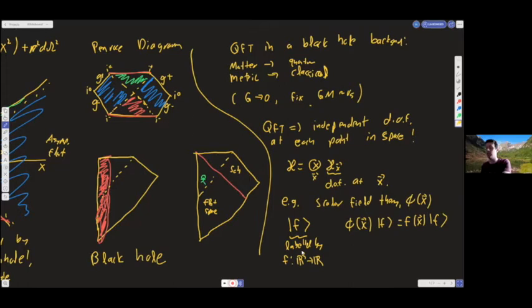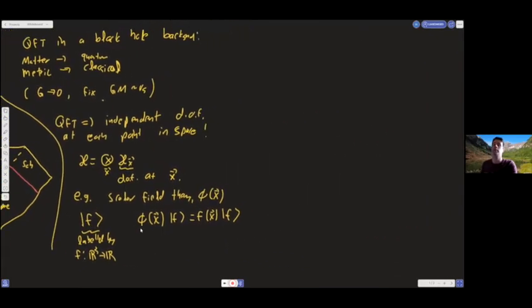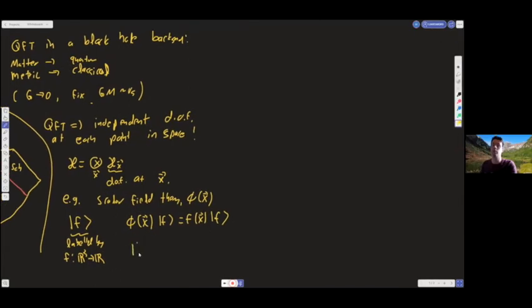The key thing is that the Hamiltonian H we take to be an integral over space of some function h of x, where this is constructed out of the fields and their derivatives at x.